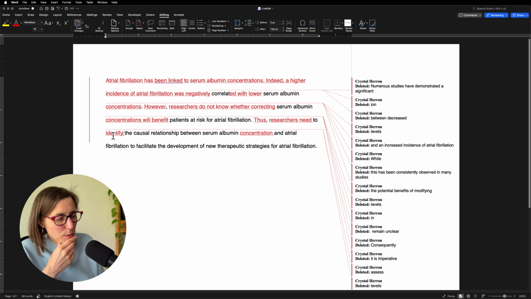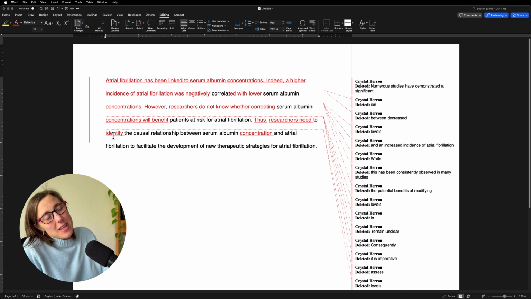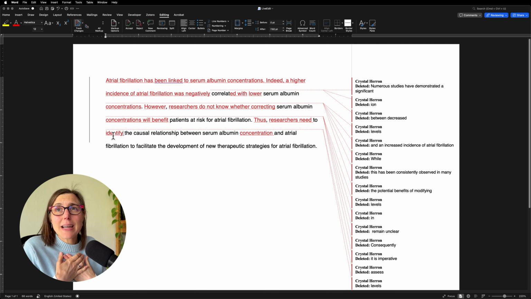Okay, causal relationship. So this one's feeling a little funny to me. If this were me and I were writing it for myself, I would change these. This would be something with an author that I might query them and say, what do you think about changing this to something else? I might say identify the direct link. Something about causal.